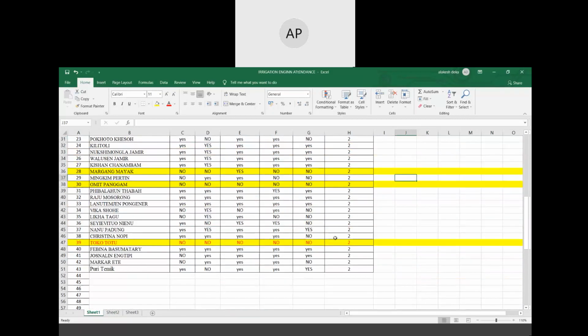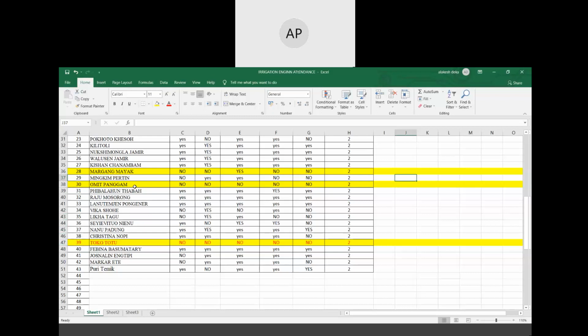Next, Toko Totu. Are you present today? Toko Totu is totally absent. There will be marks for sessional and class attendance, isn't it? They will be marked as zero. Didn't do any classes.